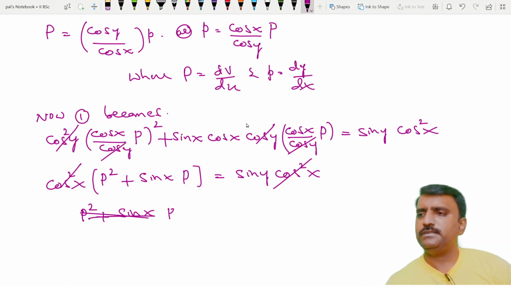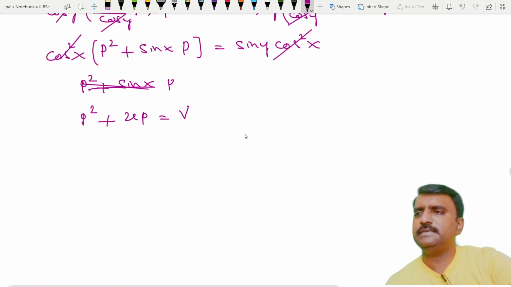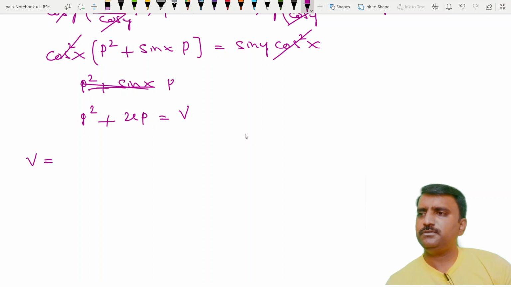Okay, sorry, this is p square plus up, sin y is v. Okay, and observe this equation. Clearly this equation is in Clairaut's form. So take this v is equal to up plus p square. So take this equation as 2.